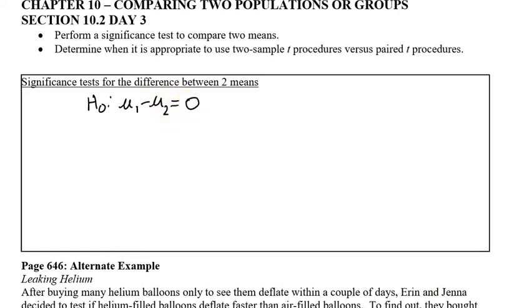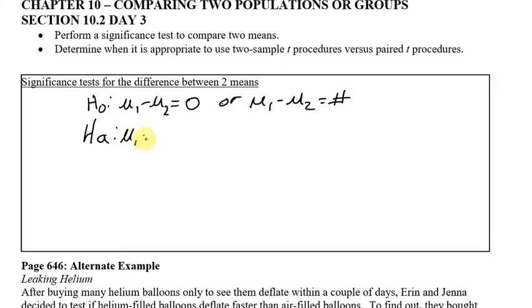A lot of times it's 0, but it doesn't have to be 0. That's often what we're interested in, but it could be some other number. We're going to use 0 and just know that another number might take its place.